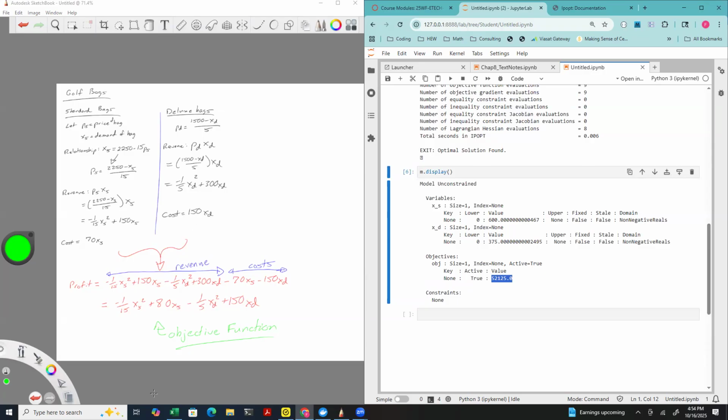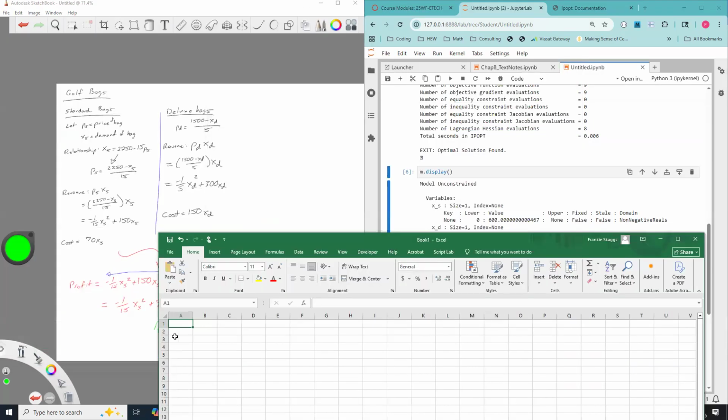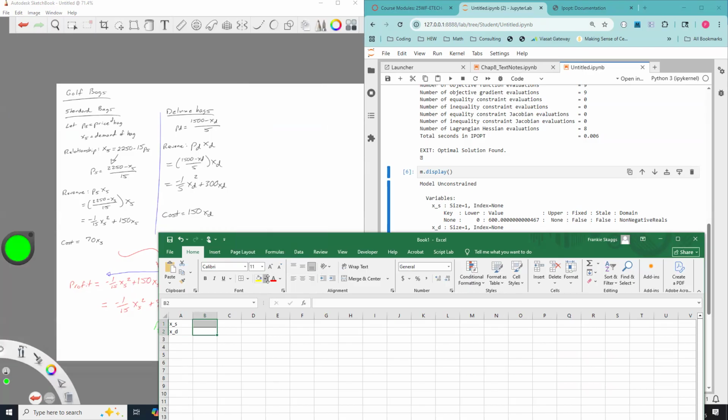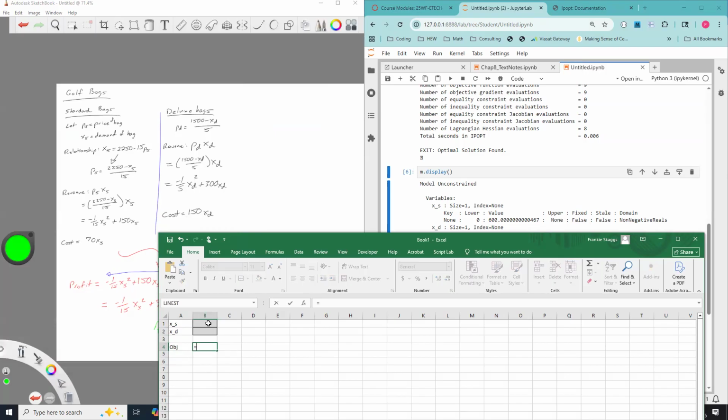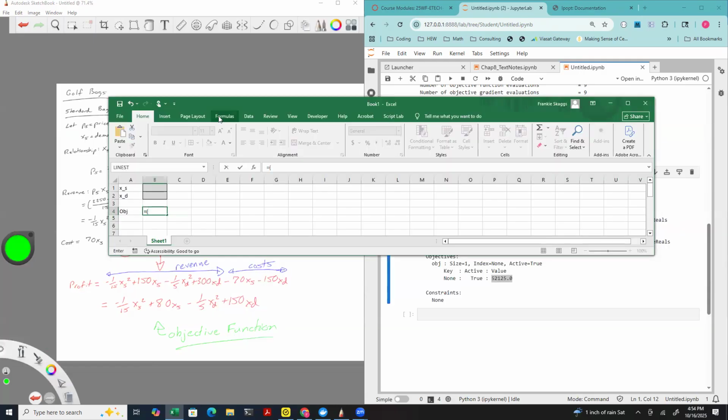And not to stray too far from Excel, since we've already got it open, just to show you how that would also be done in Excel, and to show the differences from the very beginning of this lecture. I could have decision variable cells, x of s and x of d here, and an objective here. Here I would again write out the expression.